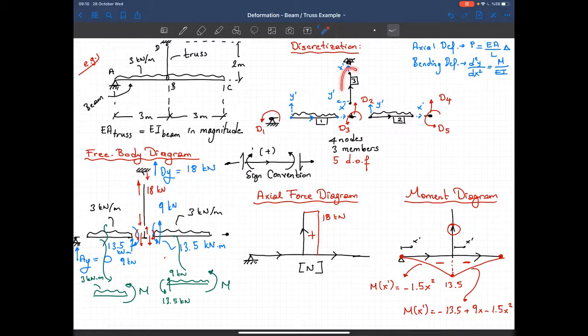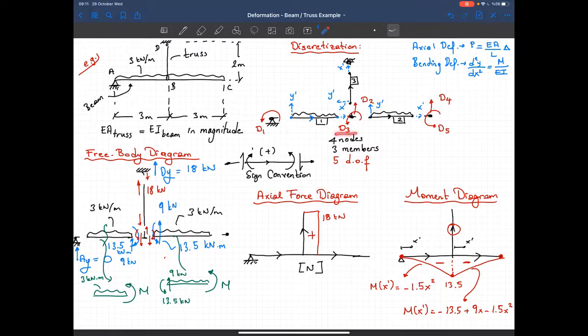If I start from the third member, I can use the equation that will give me the elongation of this member, which would be equal to d2. So if I start from the third, I can determine d2. If I know d2, I can jump to the first member, because now there are 2 unknowns, and I know 2 boundary conditions. So I can solve this differential equation and determine the values of d1 and d3.